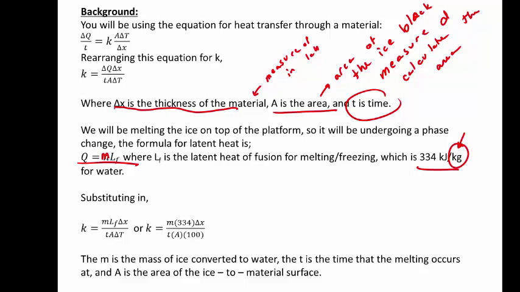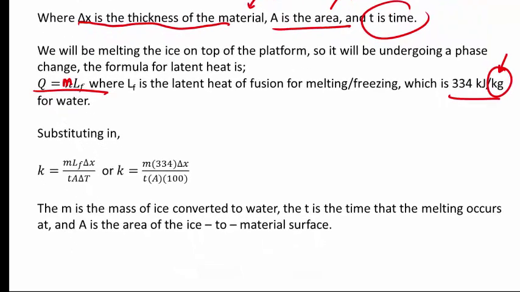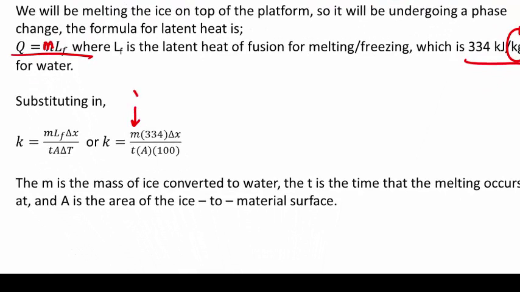Substituting in, we get this: k equals m times 334 over delta x times t times A times 100, where m is the mass of the ice melt. 334 is that latent heat of fusion going from ice to water. Note that this is going to have to be in kilograms eventually.